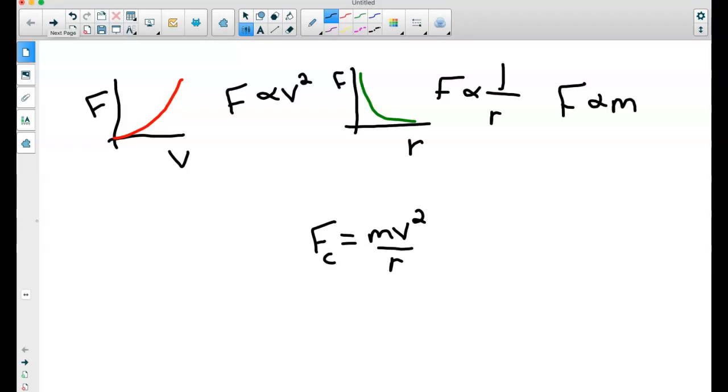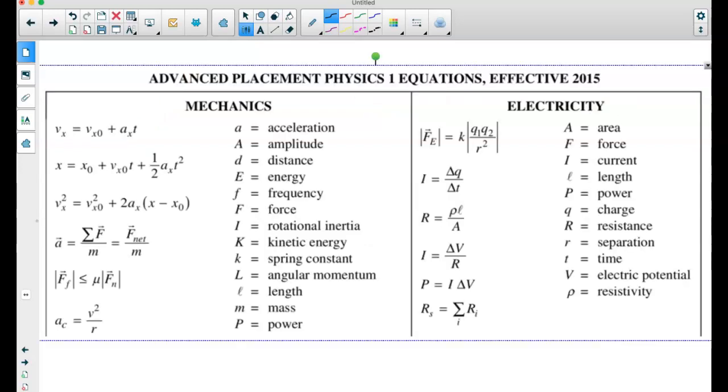Next thing I want to do is combine that with our formula sheet. So I've got a screenshot right here of the formula sheet that you've been using all year. And there's two things I want to pay attention to. First up, this doesn't have centripetal force on here, but it does have Newton's second law, which we figured out earlier this year: a equals net force over mass.